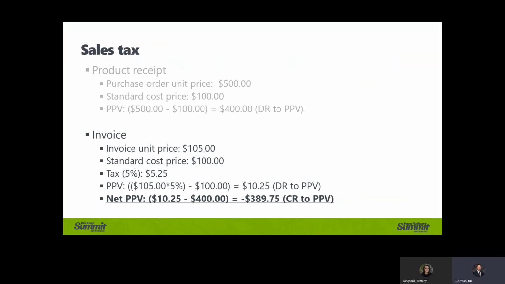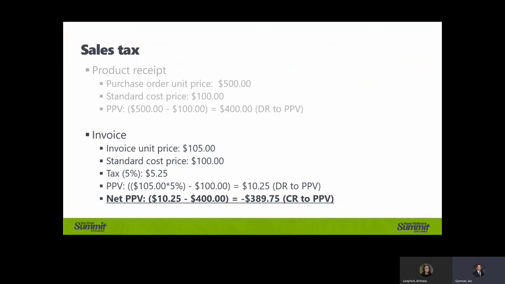So in the calculation, we need to essentially get the invoice unit price with tax included as part of our PPV calculation. In this circumstance, the invoice unit price with tax comes out to $110.25.